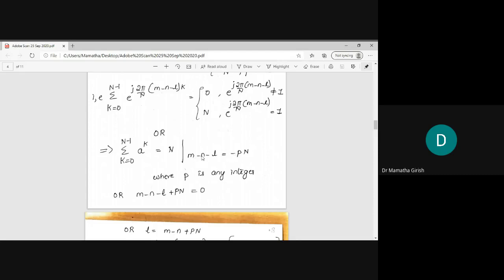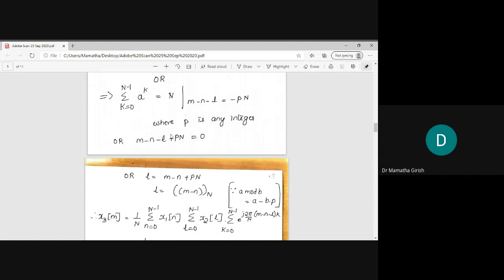So if m minus n minus l is equal to minus pn, push this term towards the LHS side. This whole equation gets equated to 0. Over here, I'm interested in the summation index value L. So what is the value of L equal to? M minus n plus Pn.